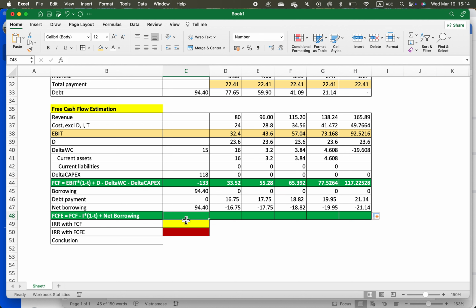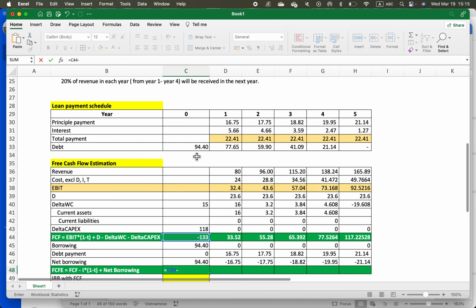Then we have FCFE, which is FCF subtracting after-tax interest payment, and plus net borrowing. So it's equal to FCF in here, minus interest. Where's interest?